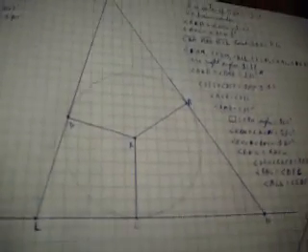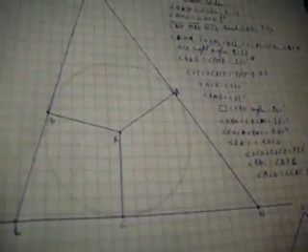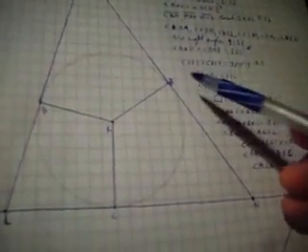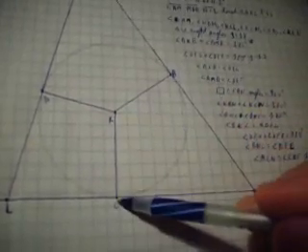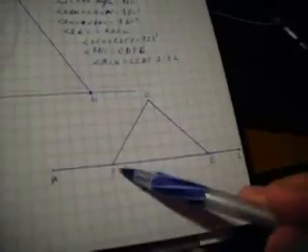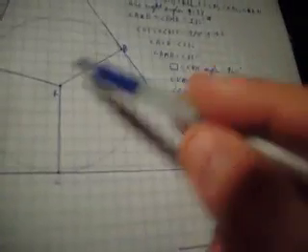Once again, you're going to use Euclid Book 1, proposition number 23, and you're going to draw an angle called BKC. Here's B, here's K, here's C. And BKC here is going to be equal in size to angle DFH. This angle here is going to be equal in size to BKC.